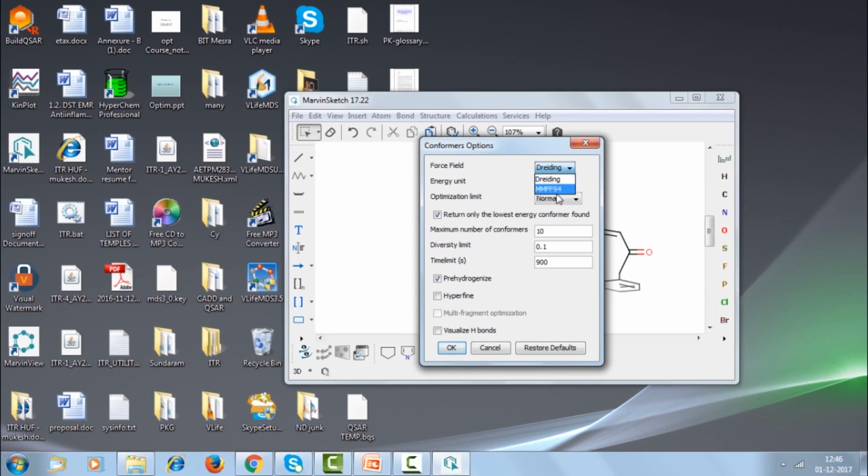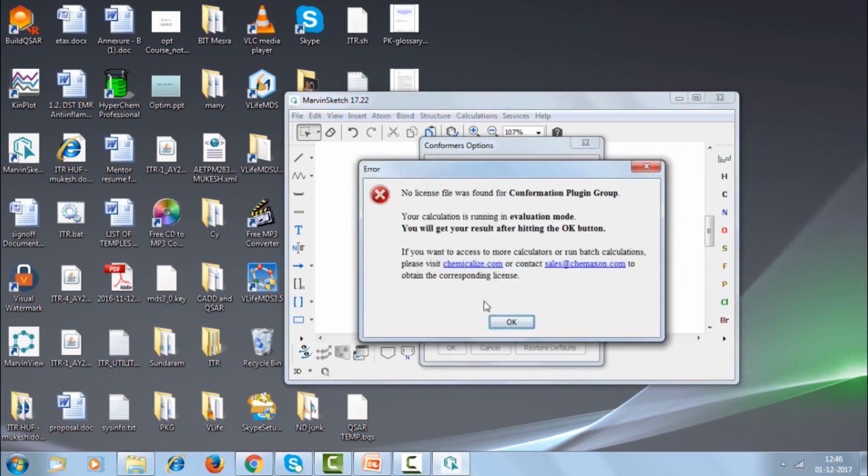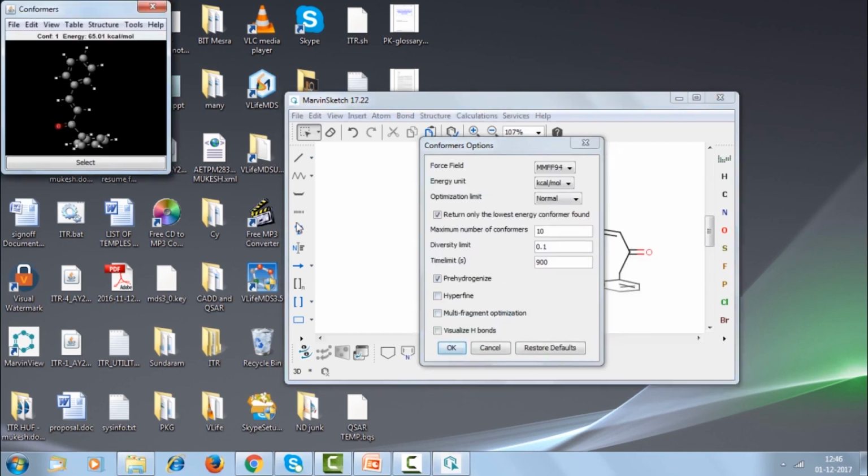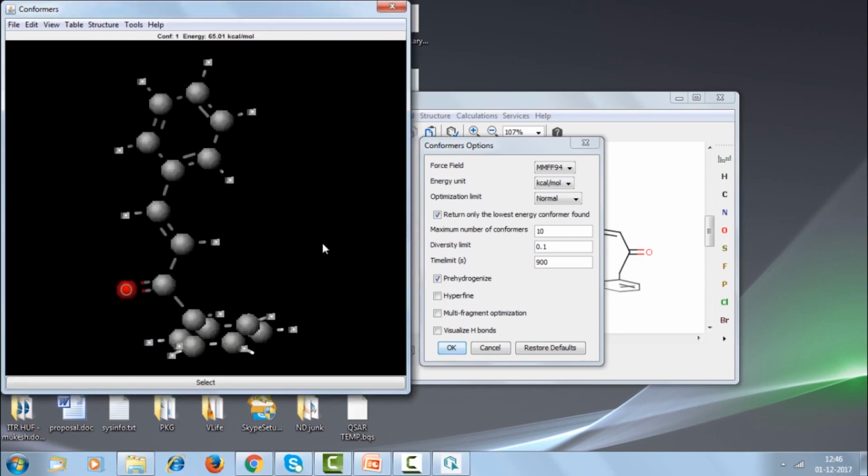Imagine we go to MMFF94, and the energy is given in kilocalories per mole. Optimization, we do it normally, and return only the lowest energy conformer. So we just say okay. We got the minimum energy conformation of this particular molecule, which is called chalcone.